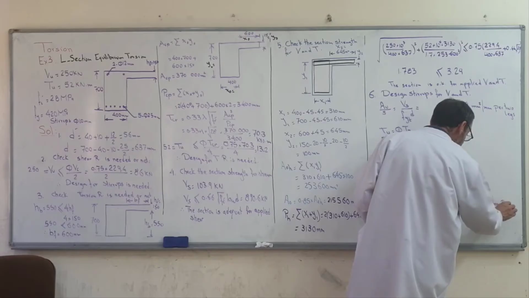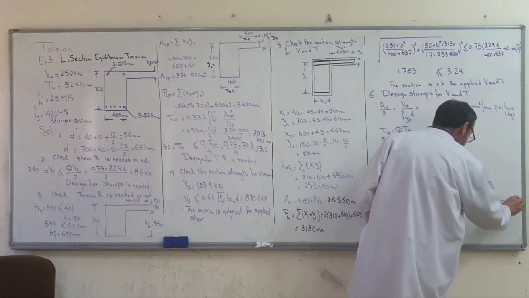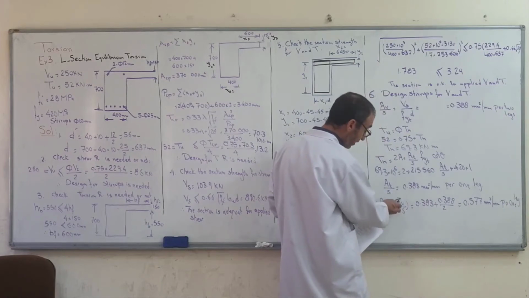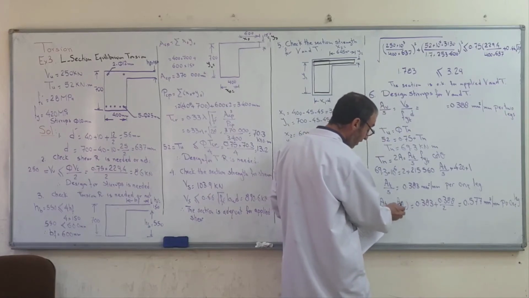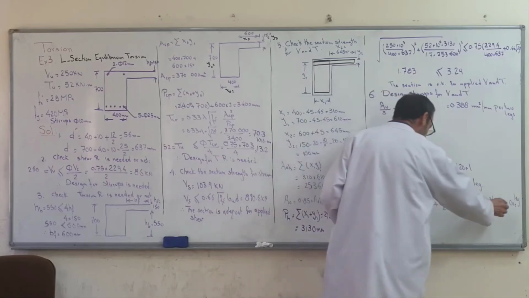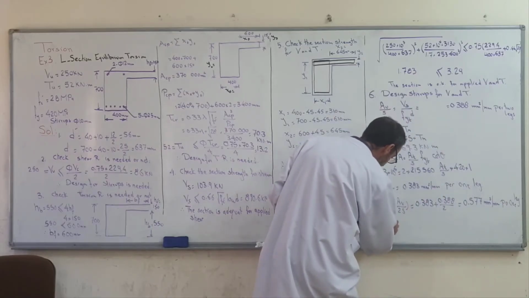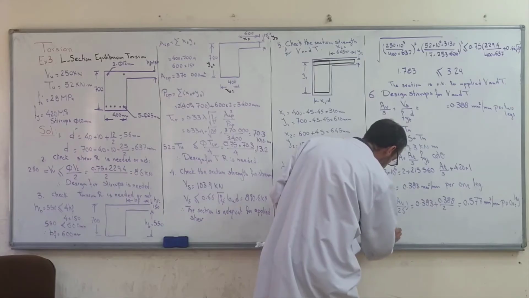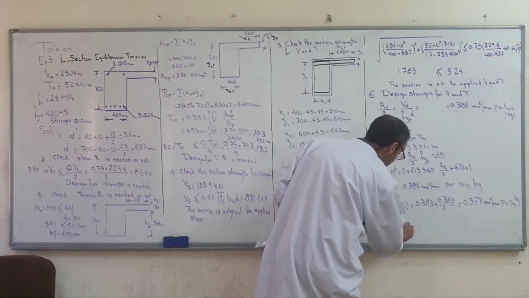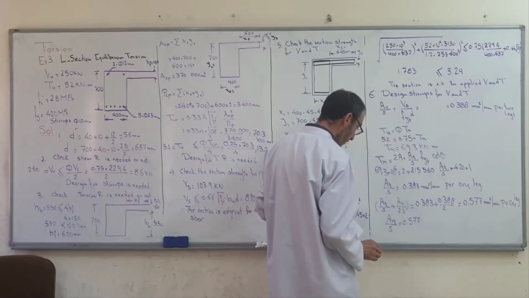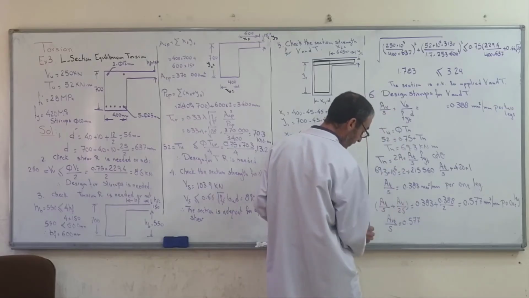This is per one leg, since the shear reinforcement required for a stirrup is divided by 2. We call this Avt over s, equal to 0.577.